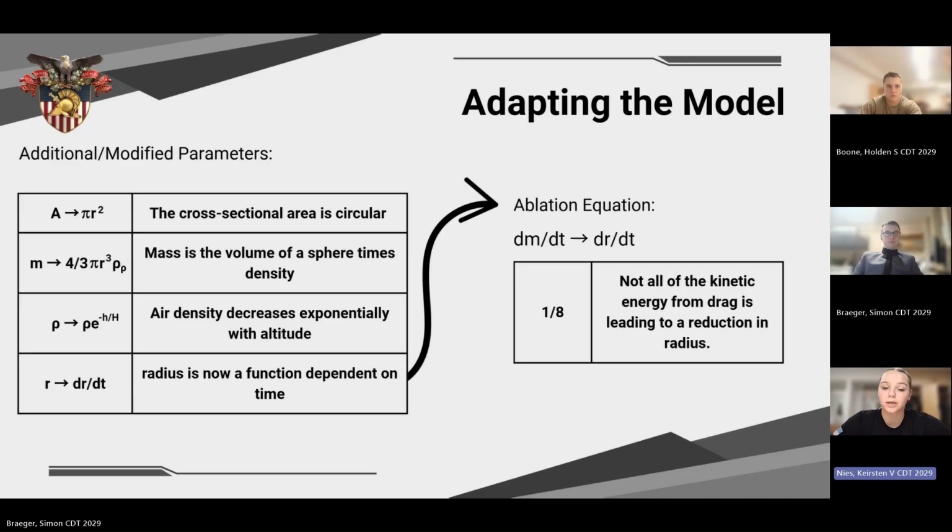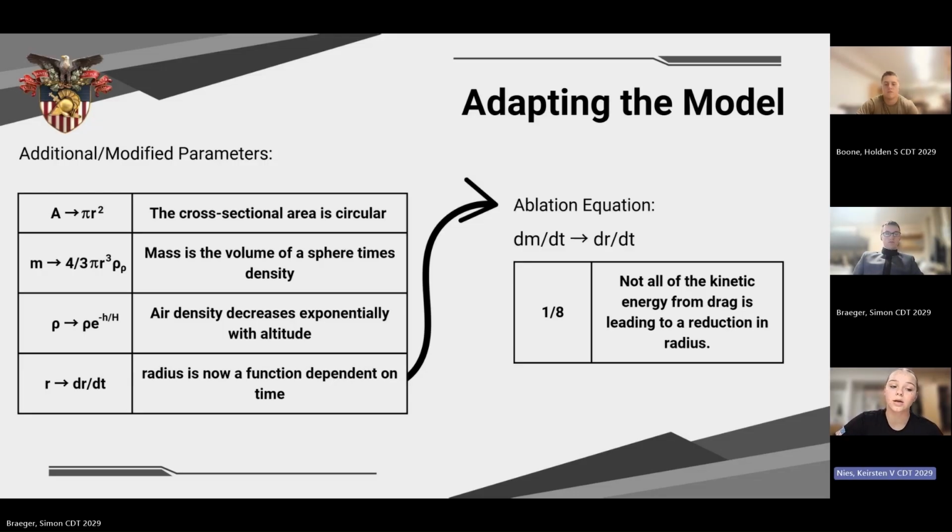And again, this is because we assumed that our particle is always spherical. Our air density, we changed from a constant to an exponential decrease, dependent on altitude, which is where the e to the negative h over H comes from.